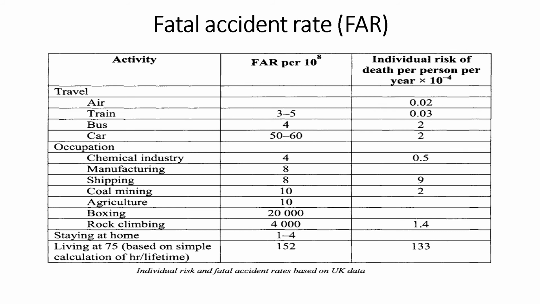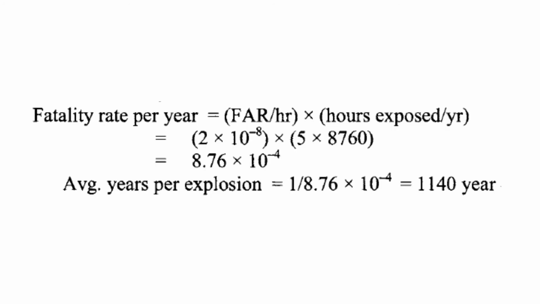This can be taken as the deaths for every 10 to the 8 hours worked at the site of activity. FAR can be used as the basis for establishing the tolerable rate of occurrence of a hazardous event.